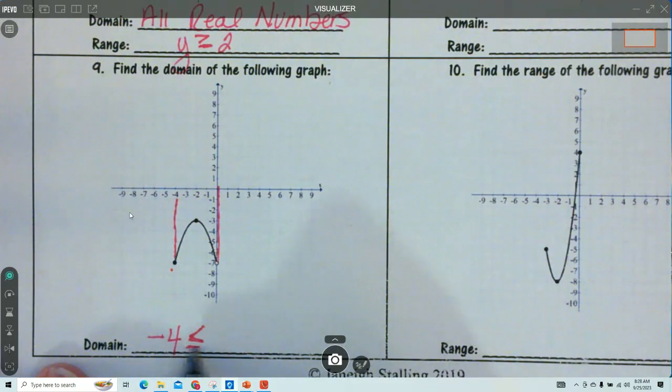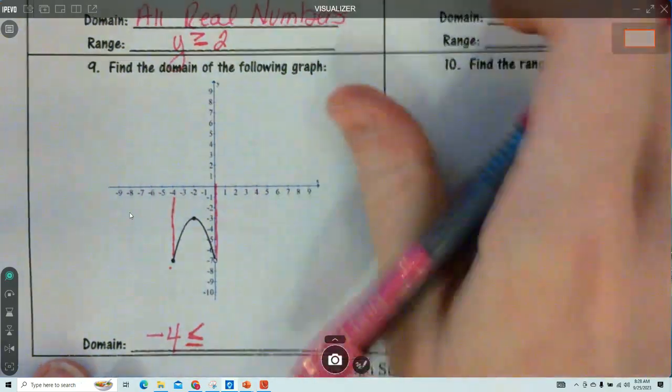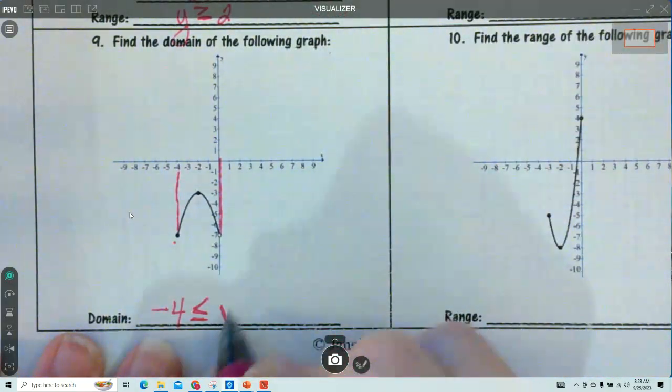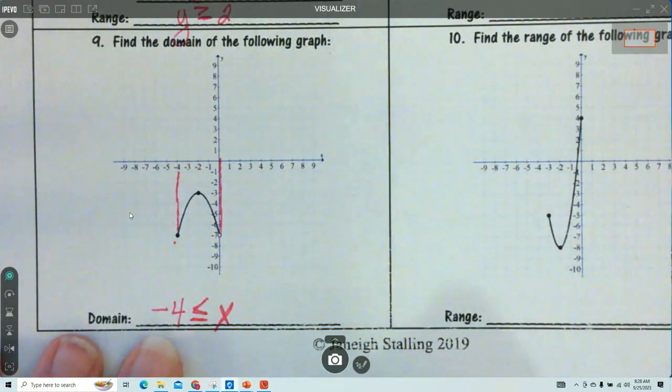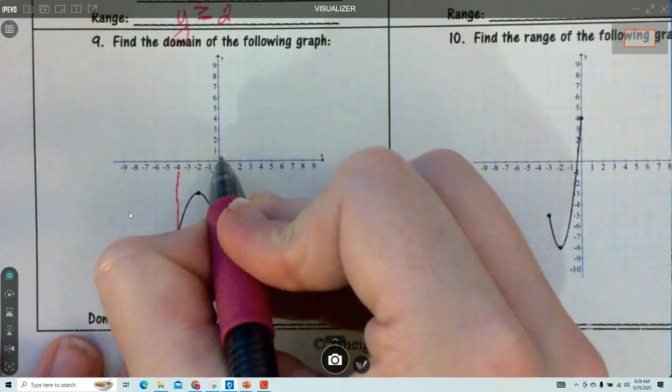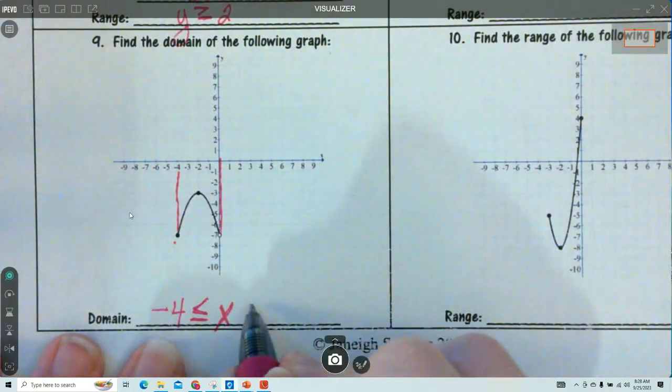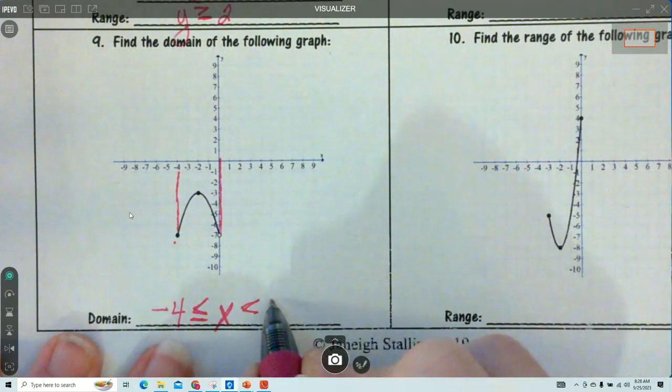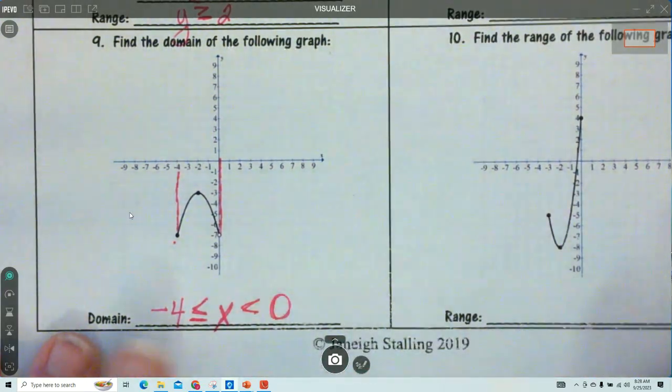Solid dot, line underneath it. We're talking about domain. So that's x. What's my biggest x value? 0. So if it hits right here on this, it's 0. Does my sign get a line underneath it? It's an open circle, so we get a 0.